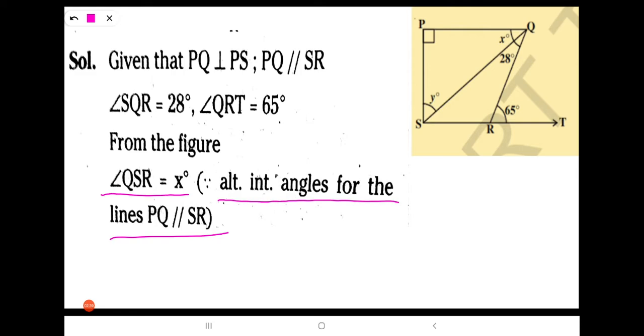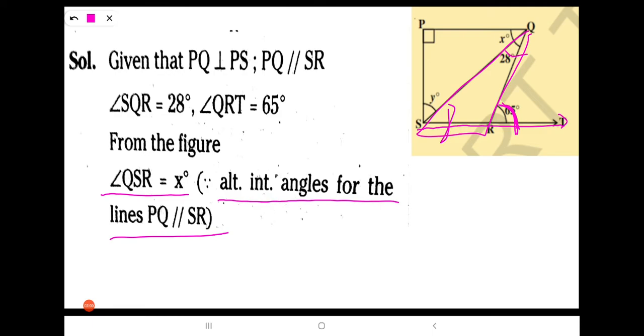If you observe, QSR is a triangle and side SR is produced up to T. This 65 degrees angle is the exterior angle of triangle QSR, and this exterior angle is equal to the sum of these two angles.